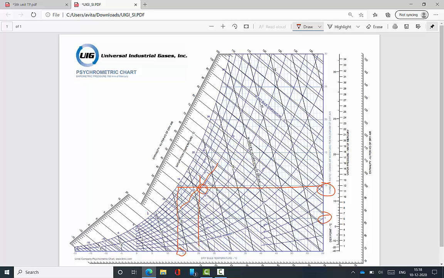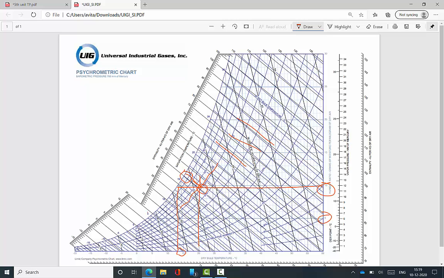Then from that point, I draw a line parallel to the inclined lines. It touches the saturation curve, and at that point I get the WBT value. That value is in between 15 and 20, but close to 15, therefore I can take 16 degrees Celsius.